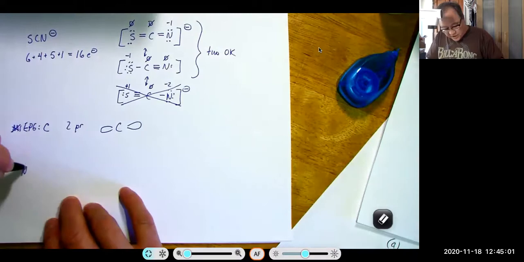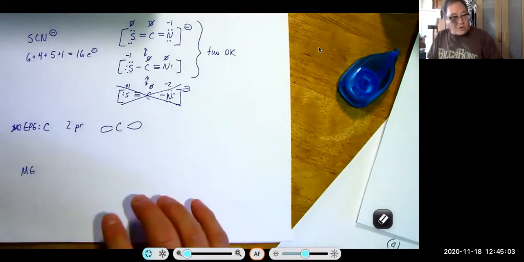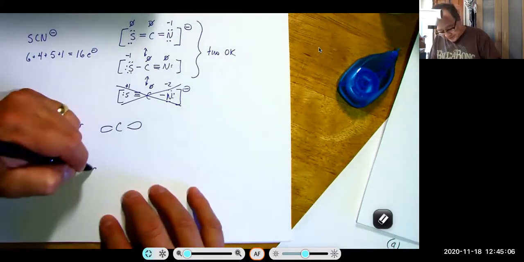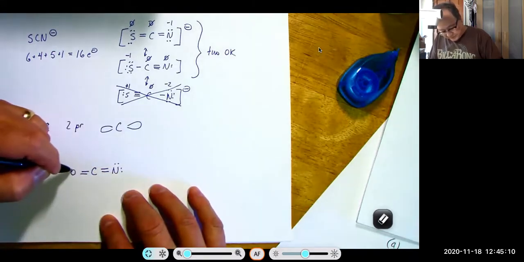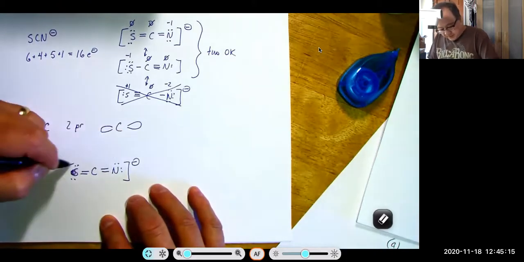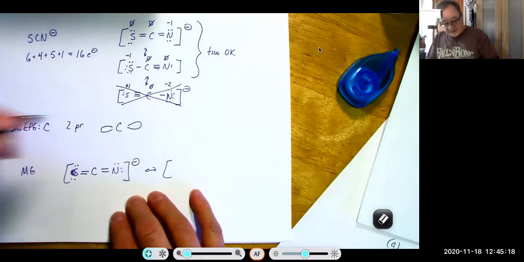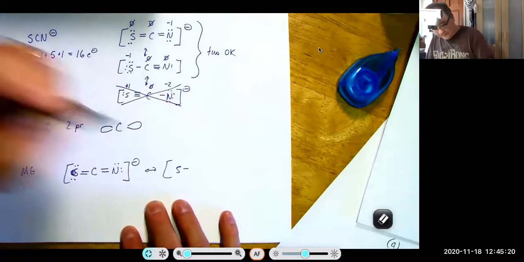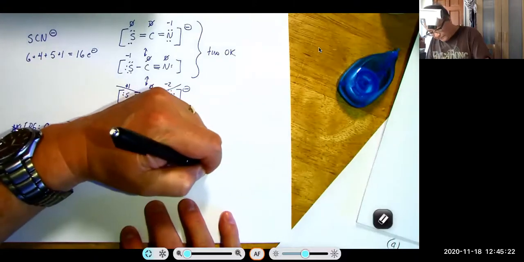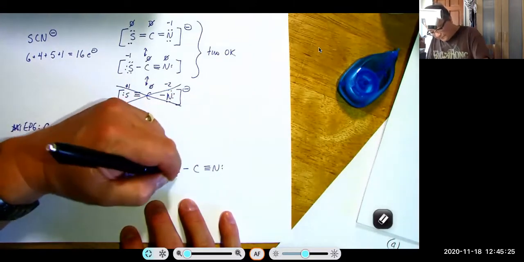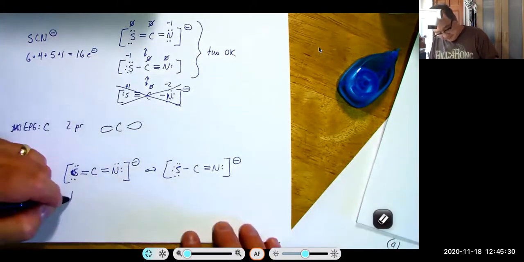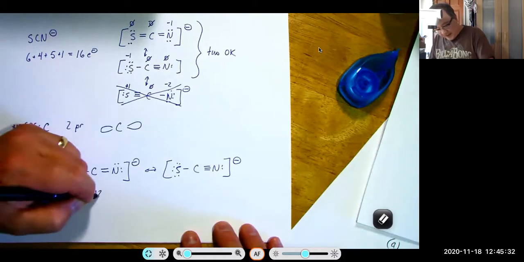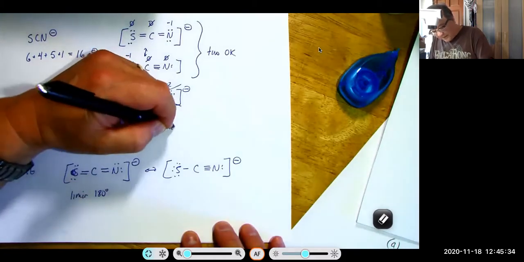So for the molecular geometry, if we want to draw one of them, it just looks like this. Oops, that's supposed to be a sulfur. Now, if we wanted to draw the other one, it would look like this. They're both linear, 180 degrees. And this is linear, 180 degrees.